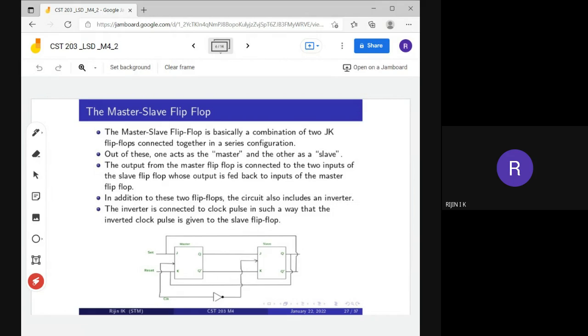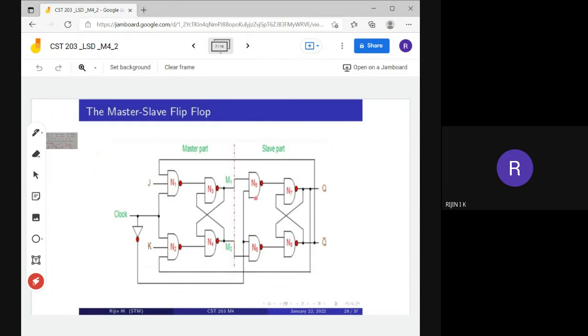Now we can see the circuit configuration. This is the circuit configuration of the master slave flip-flop. The first one is the master part, and this one is the slave part.